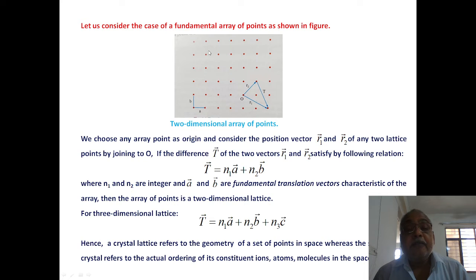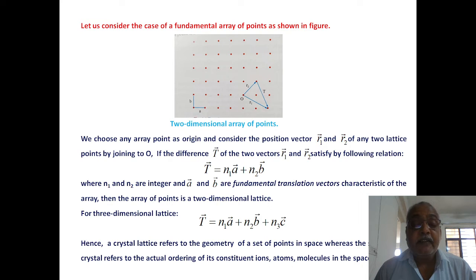So, this first is an array of points, in which two vectors r1 and r2 are connected to a point O. So their difference will be T, which is equal to n1 a plus n2 b. n1 and n2 are integers, and a and b are the fundamental translational vectors characteristic of the array.